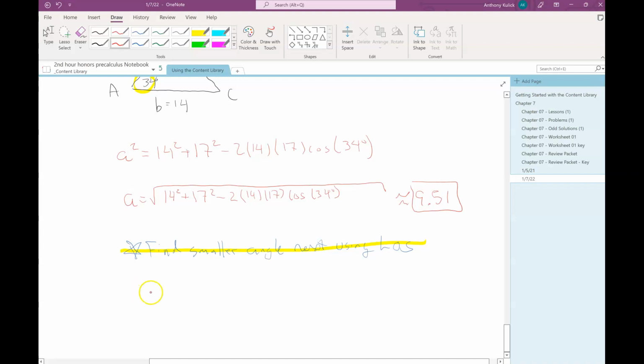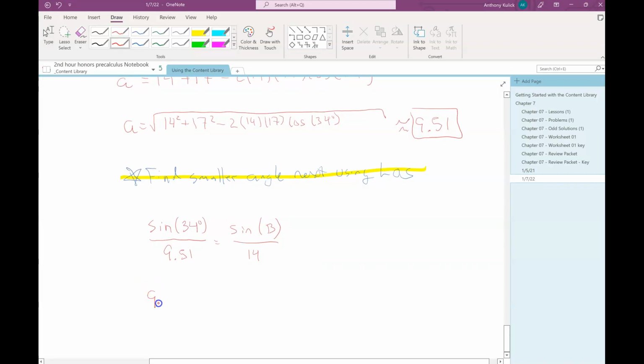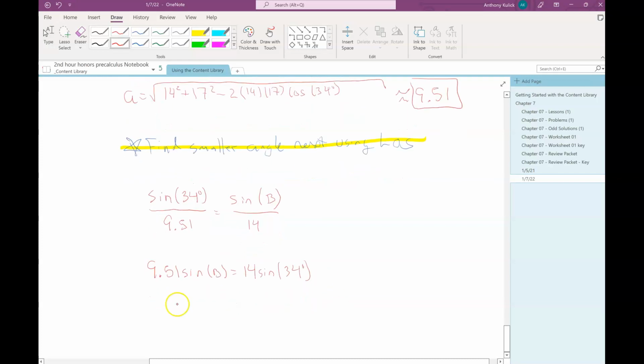Okay. So we have now sine of A over a equals sine B over b. I cross multiply. And then we divide.